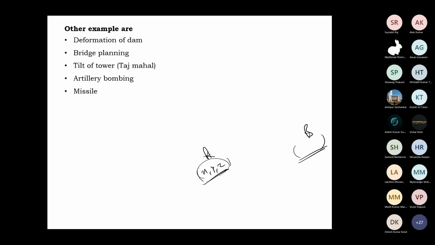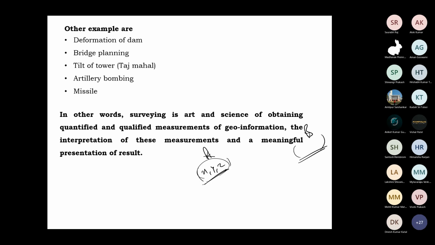Now, if I combine all the things you discussed in the last 30 minutes, and want to say it in essence, what can I say? In other words, surveying is art and science of obtaining quantified and qualified measurements of geoinformation, the interpretation of these measurements and a meaningful presentation of a result.